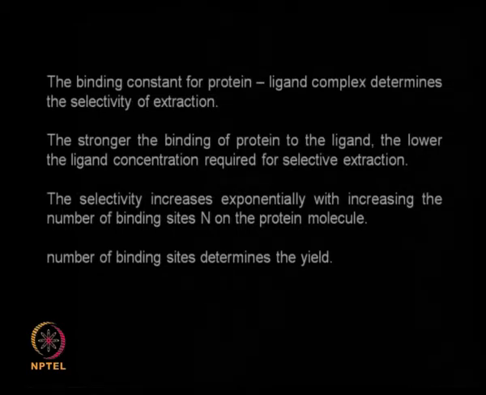Also the selectivity increases exponentially depending upon the number of sites present, because the term n comes as an exponent. And the number of binding sites also determines the yield. So, if I have more binding sites, I am going to increase the yield of extraction.